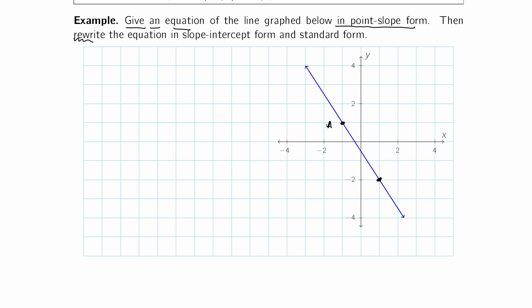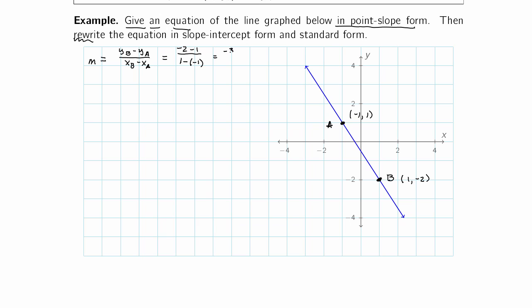One, I could do arithmetic. So if I call this A and B, I can calculate my slope as, let's see, this is -1, 1, and this is 1, -2. So if I subtract my y's, subtract my x's, and then divide, I'll have -2 minus 1 over 1 minus -1.